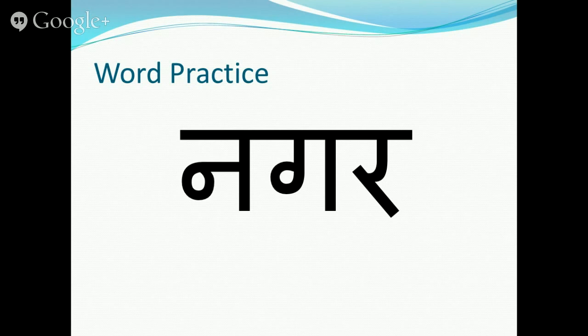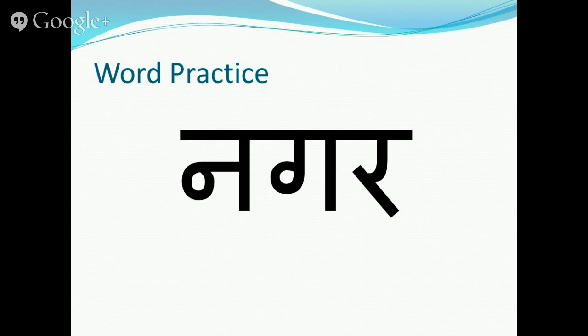This is na followed by ga followed by ra, nagar, nagar, nagar. Now here you're probably, if you're an English speaker, you're fighting a tendency.